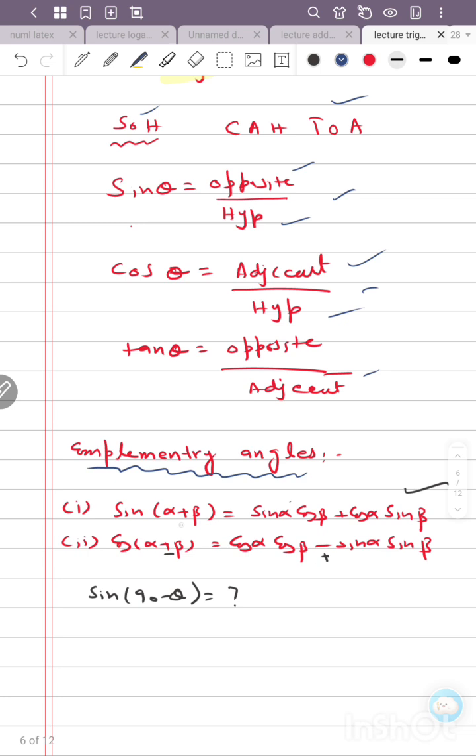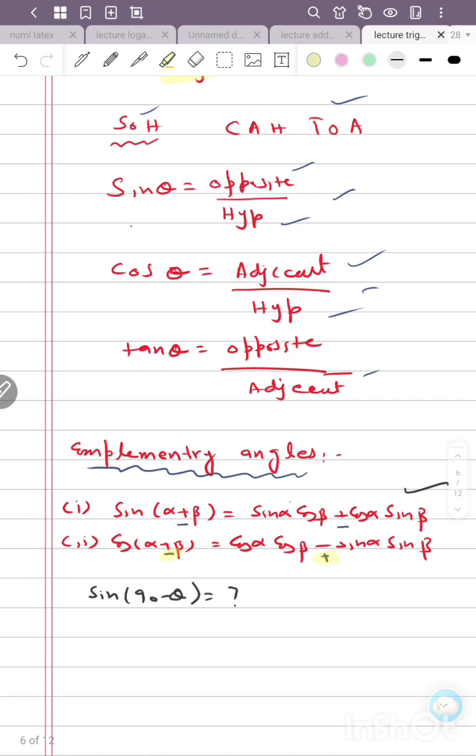Remember that if we change the sign, if we write sine alpha minus beta, the answer will be sine alpha cos beta minus cos alpha sine beta. Similarly, cos alpha plus beta equals cos alpha cos beta minus sine alpha sine beta. If we change the sign here to negative, the other sign will also change.